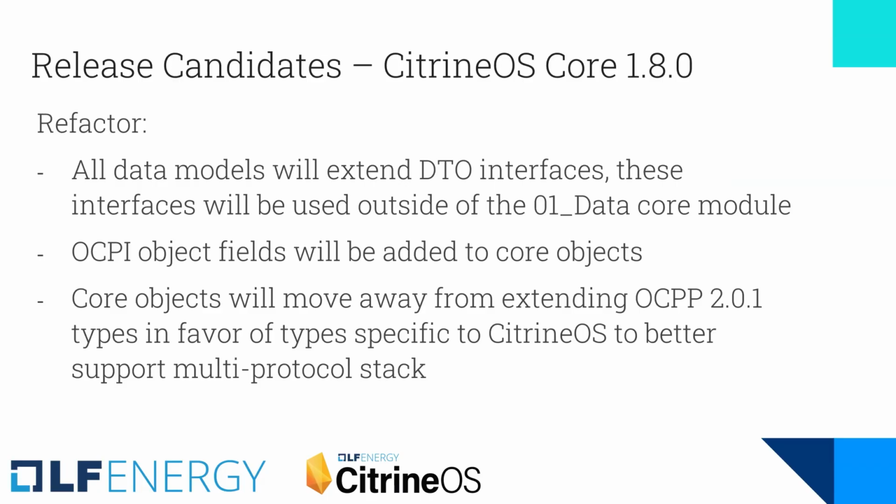Previous to now, if you wanted to have OCPI 2.2.1 support, you would need to use images that were extensions of the core images for your microservices, not intended to be able to exist as their own services. As of this next release, they will be separate services from core and run alongside it with access to the same message broker and to the Hasura GraphQL API and to the same underlying Postgres database as CitrineOS Core.